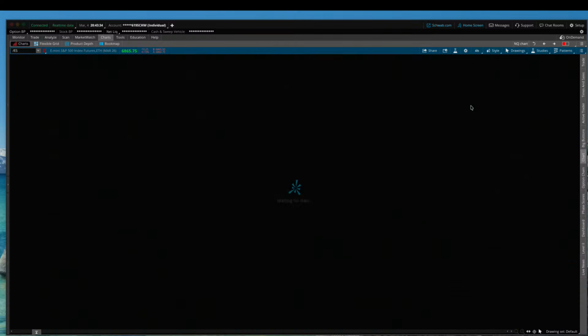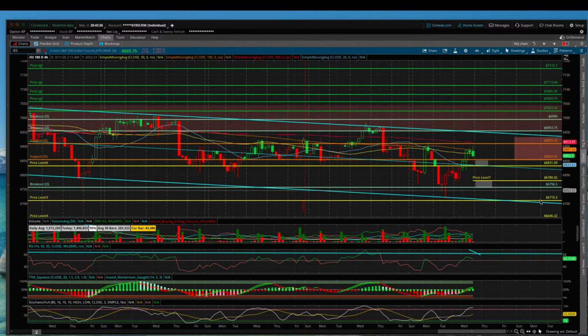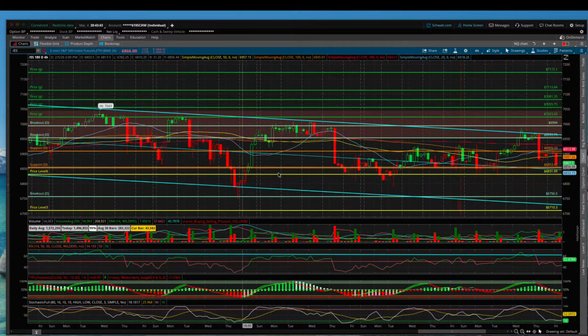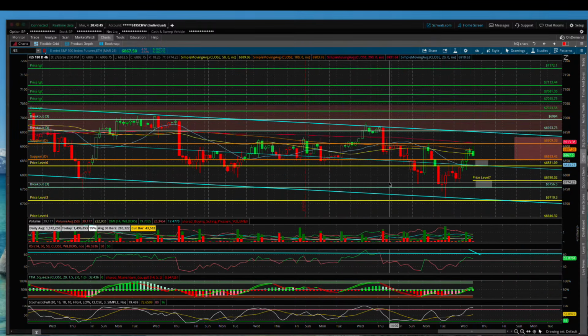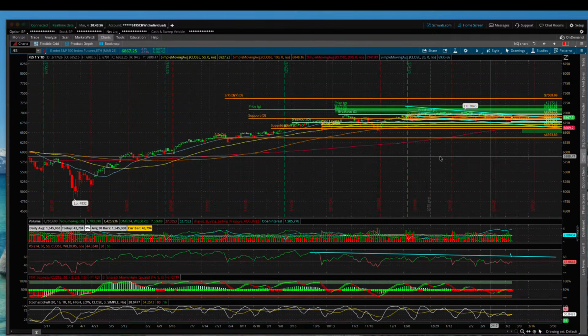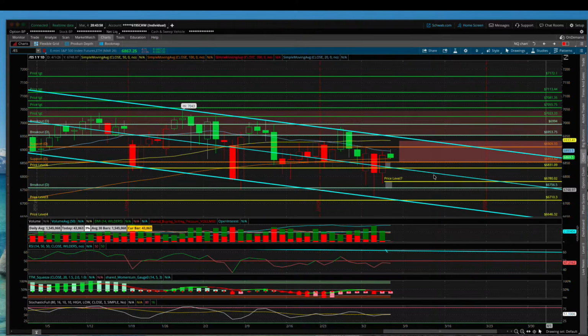There is a big possibility that happens, but again, this has been very choppy, so we got to be playing both sides either way. We got to be hedged either way. All right, so that's ES for you.